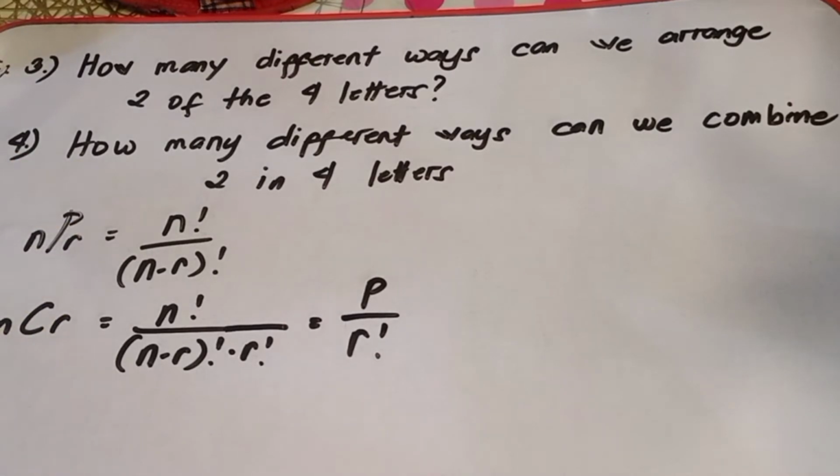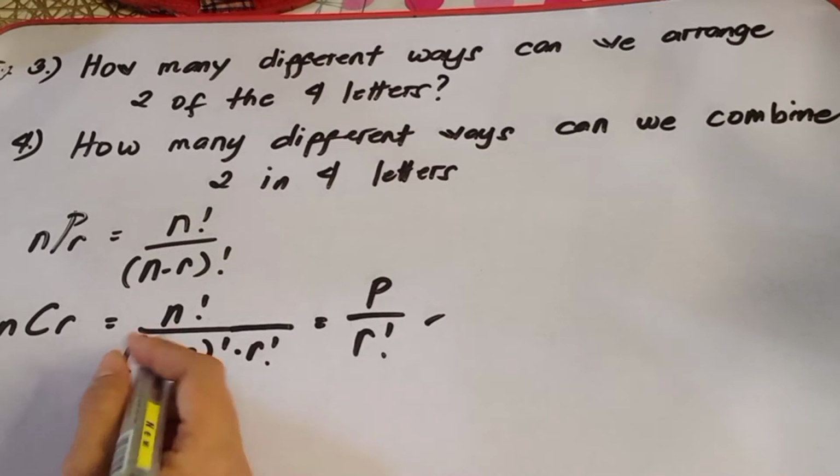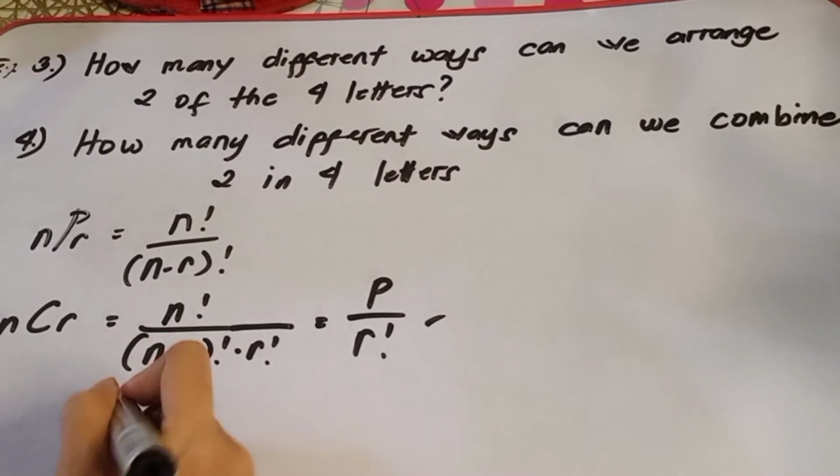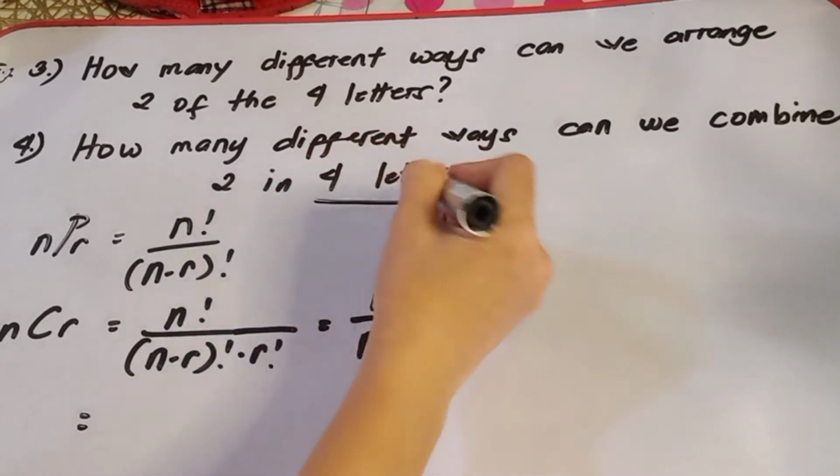How many different ways can we combine 2 in 4 letters? In this problem number 4, we are going to use the formula for the combination. So, ito yan. Okay, so let's now apply our formula. So, the number involved in our problem is 4 letters.